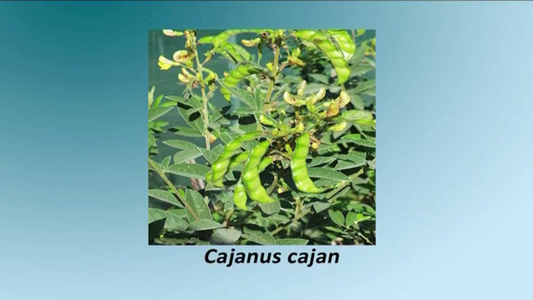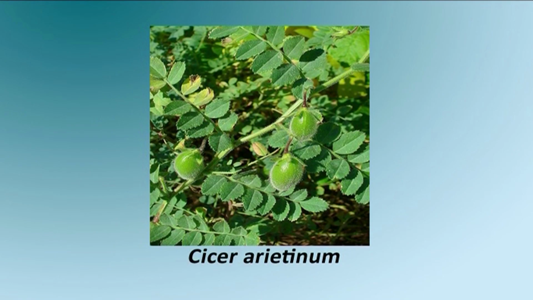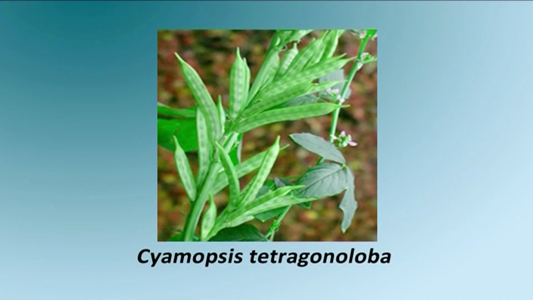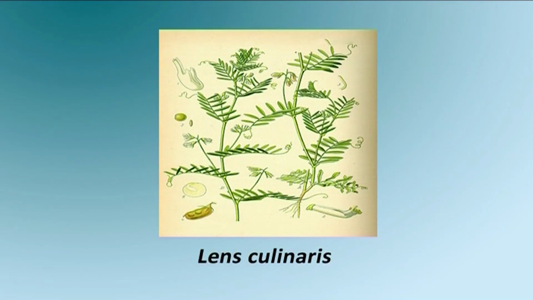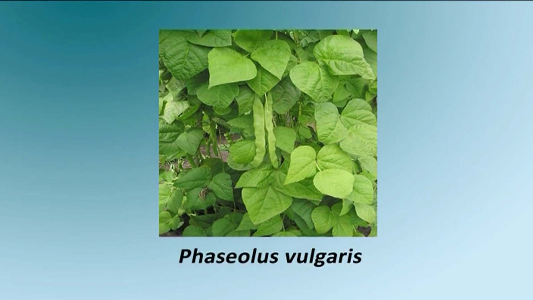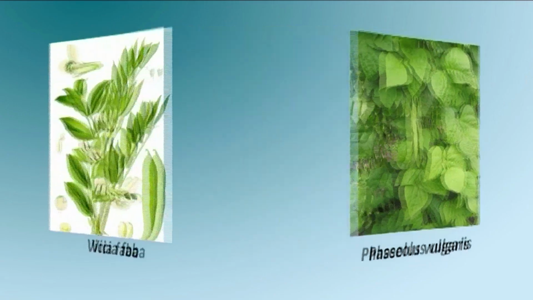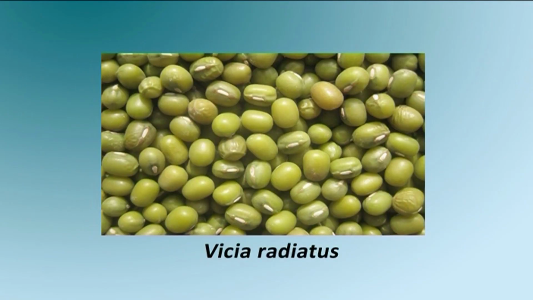Pulses include Cajanus cajan, Cicer arietinum, Cyamopsis tetragonoloba, Dolichos biflorus, Lens culinaris, Phaseolus vulgaris, Vicia faba, Vigna radiata.